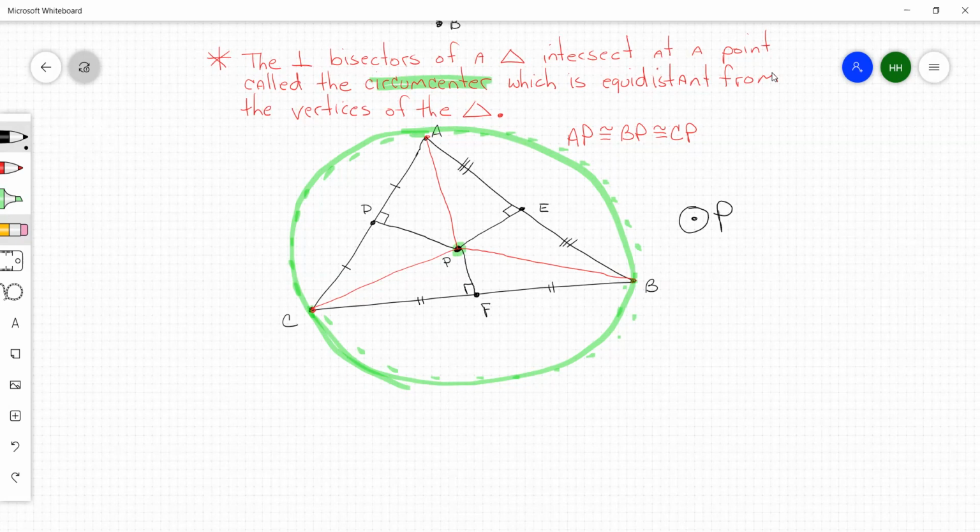So this is circle P. The green circle is circle P. Circle P is circumscribed about triangle ABC.